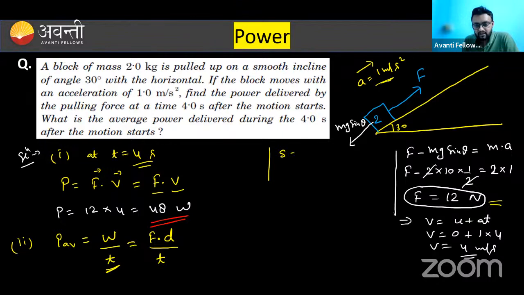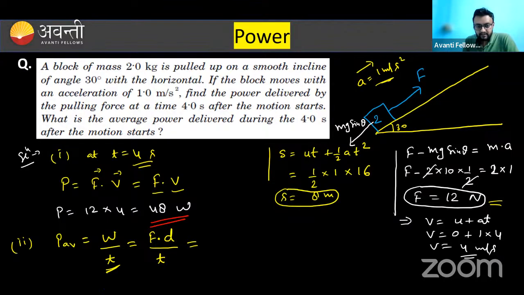Displacement S is equals to ut plus half at square. ut is what? 0. Initially it was at rest. Half, A is 1, t square is 16, since time is 4 seconds, squared it becomes 16. So displacement is 8 meter.